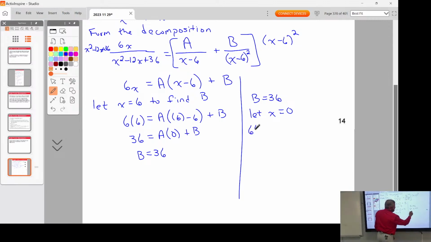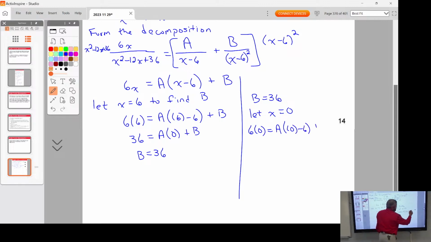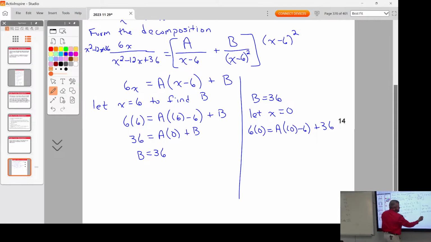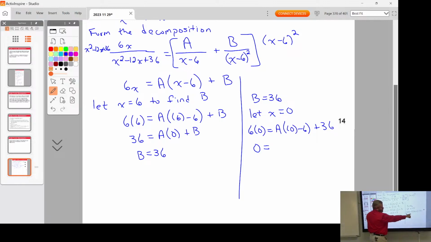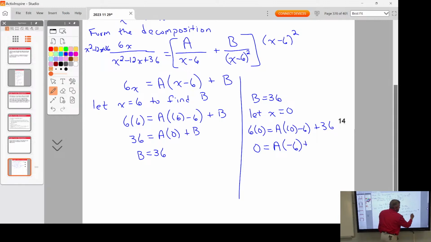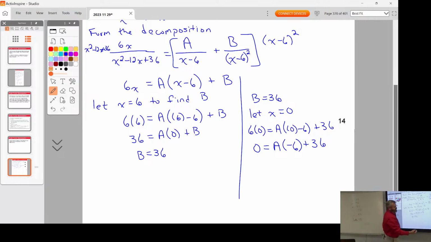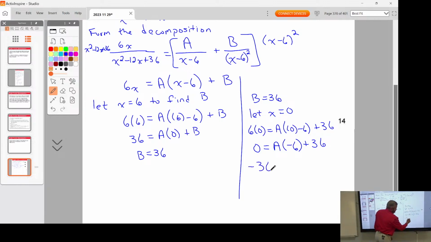So mine's going to be 6 times 0 equals A times 0 minus 6 plus 36. 6 times 0 is 0 equals A times negative 6 plus 36. Subtract 36 from both sides. What's A?